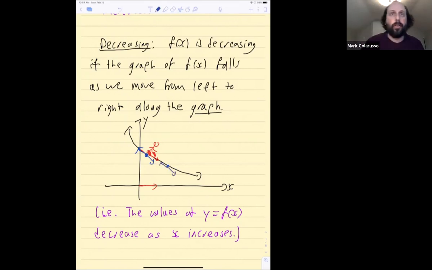But there we go, it's not so bad. So for a decreasing function, we see the slopes of the tangent lines are negative. In this case, the function is decreasing, so we expect the derivative to be negative.